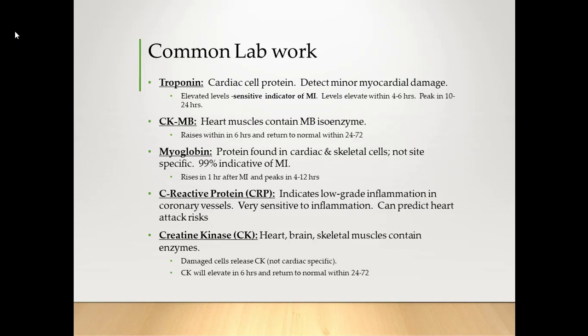But if we move over to a CK-MB, that tells us about heart muscle. A CK-BB is damage to the brain tissue, and a CK-MM is skeletal muscle. So there are different types. CK is just kind of the overarching one, and then there are different types.